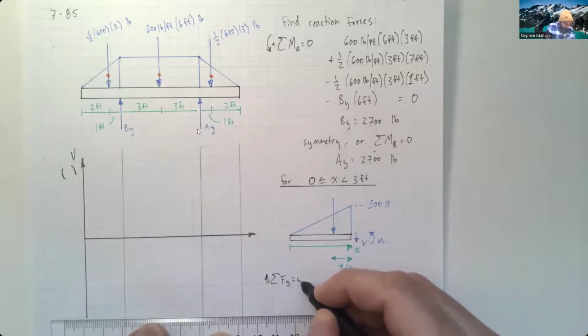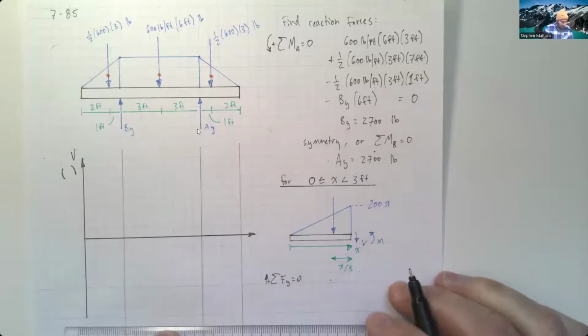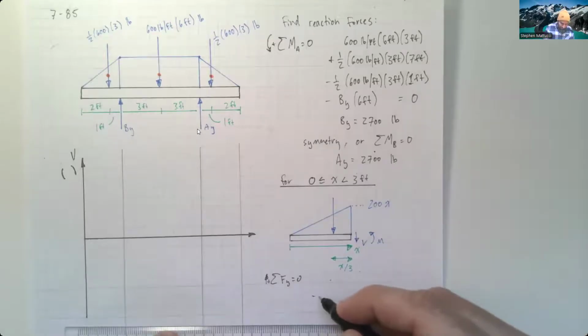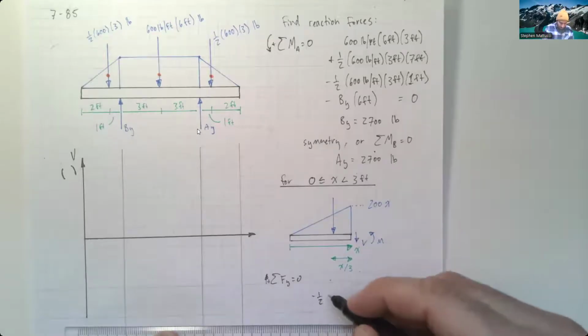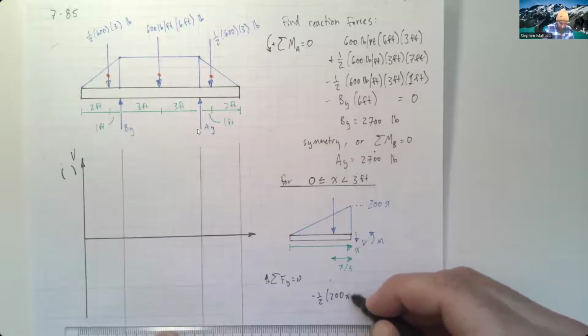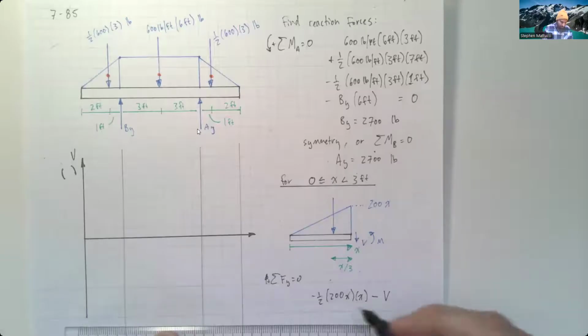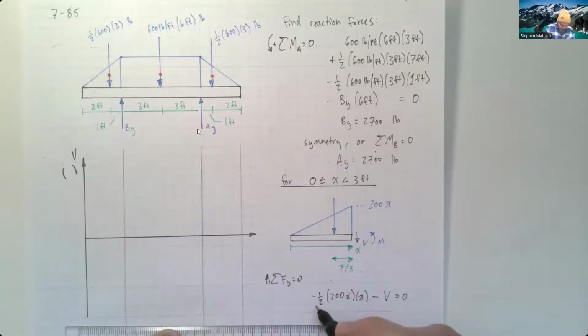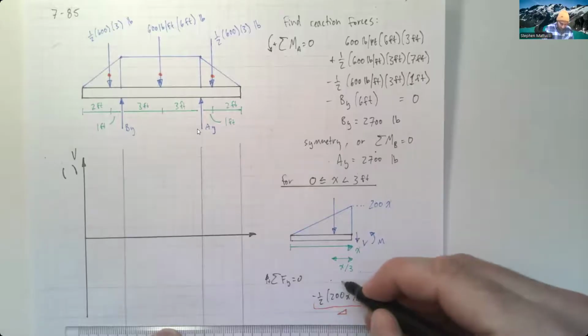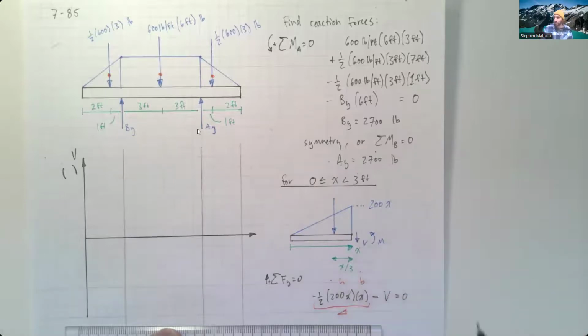Sum of forces in the y equals 0. We have minus 1/2 times 200x times x minus our shear force V equals 0, such that this whole term here is our triangle, where this is our height and this is our base.